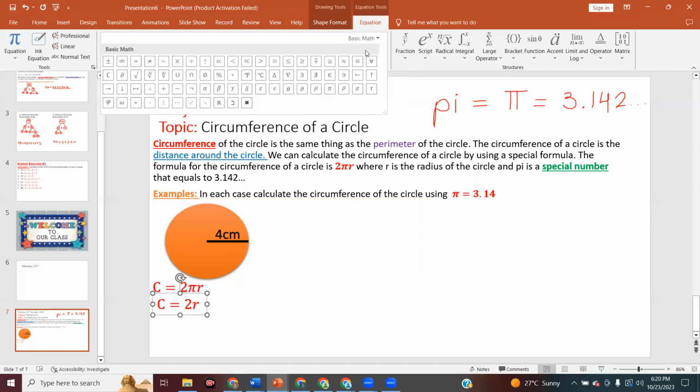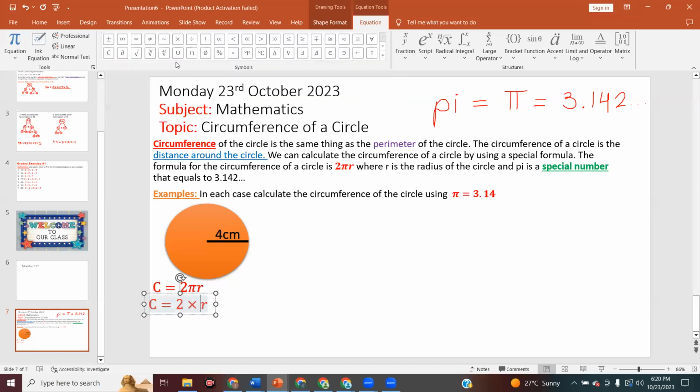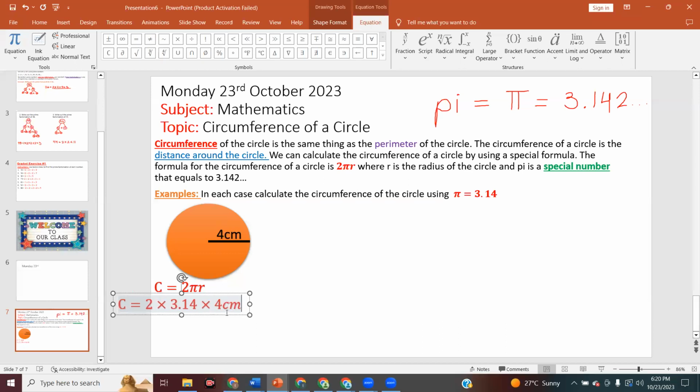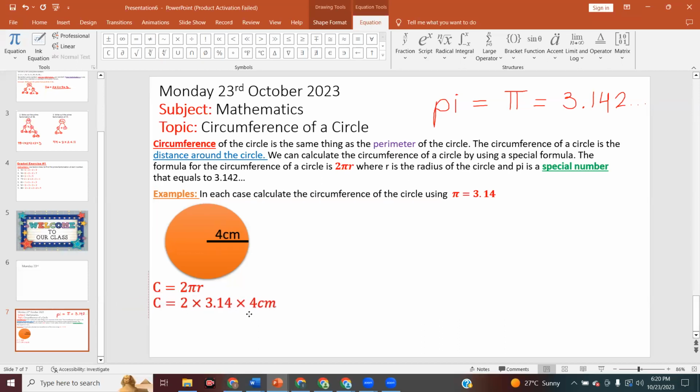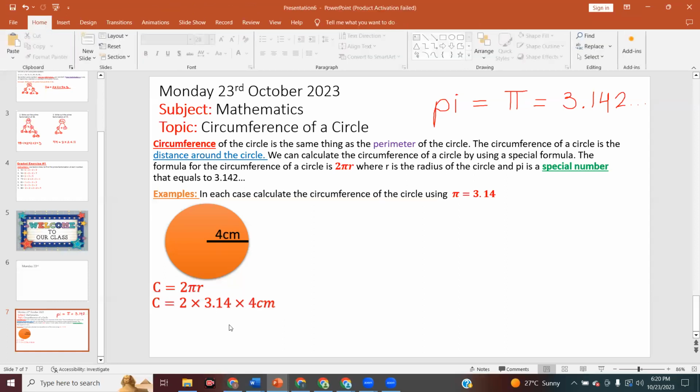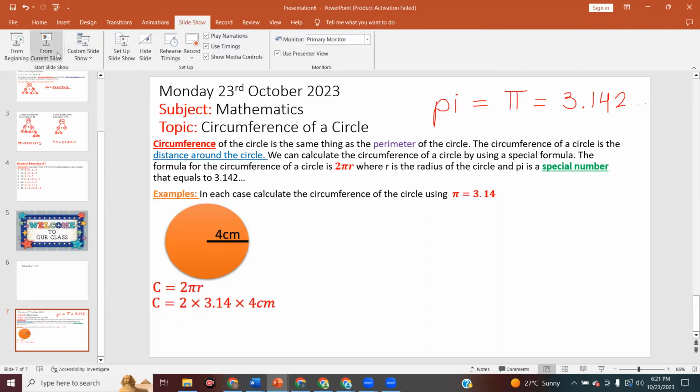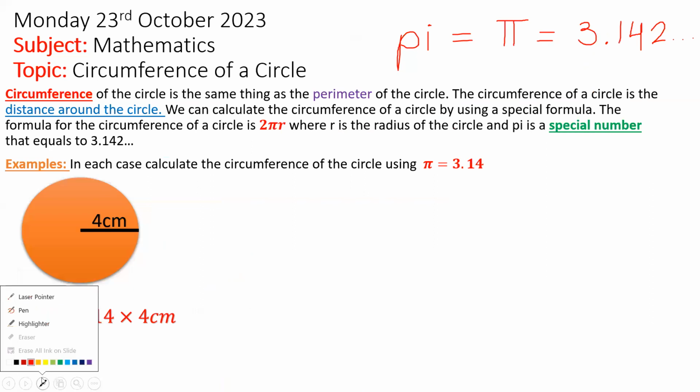Yes, you can. So it's going to be 2 multiplied by 3.14, right? Multiplied by, what is the radius in this case? 4 centimeters. Very good. All right. So before things get crazy, I want you to understand what did I do? I said 2, the same 2, multiplied by 3.14.